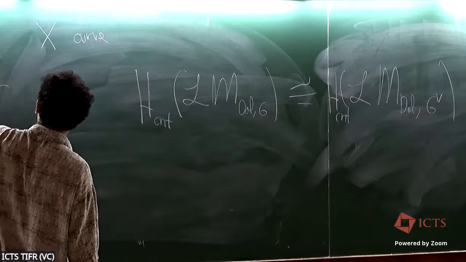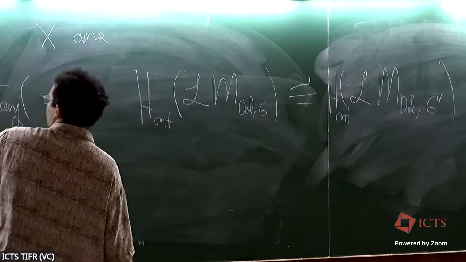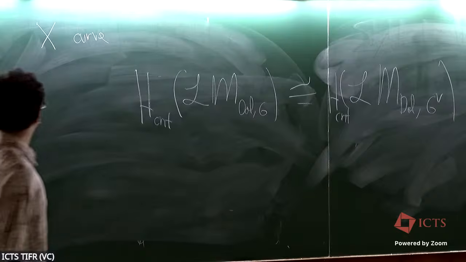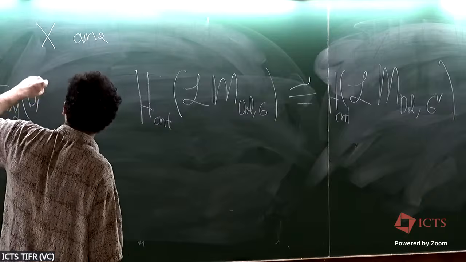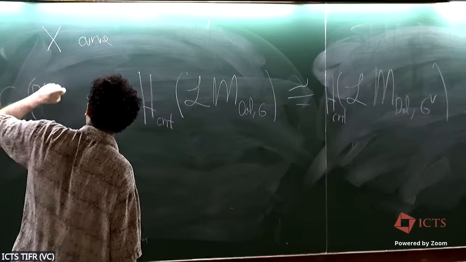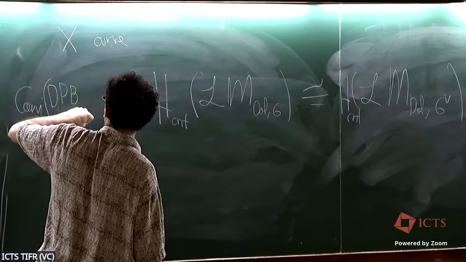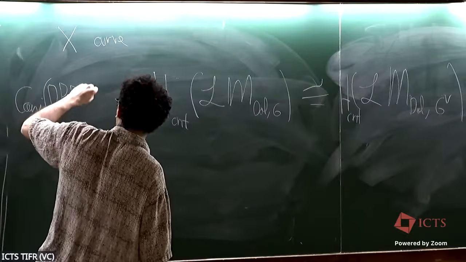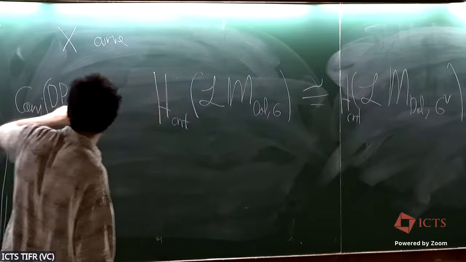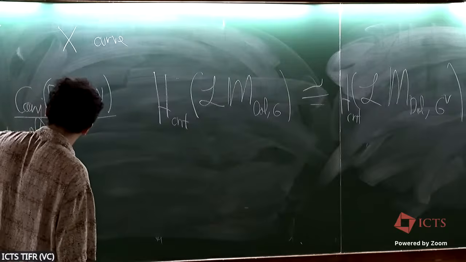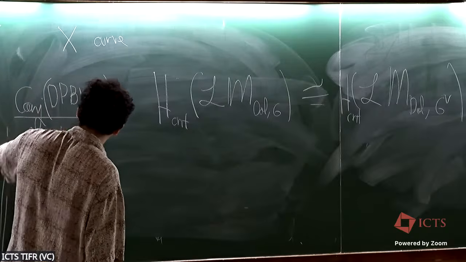So this is a conjecture, and this is due to, well, I erased their names, but Davison, Padurariu, Bu, Kinjo, and myself. And this is an analog of, or generalization of, the Hausel-Thaddeus conjecture.